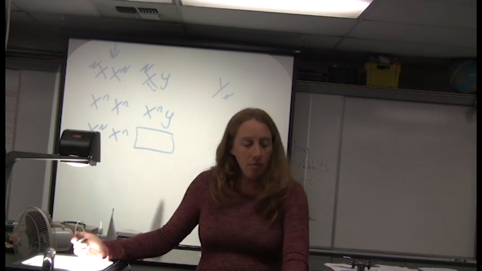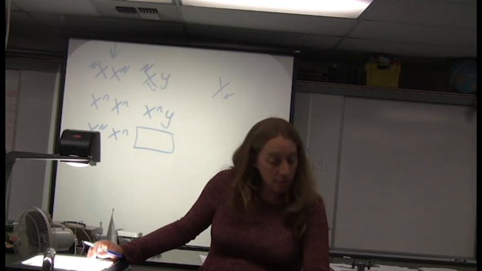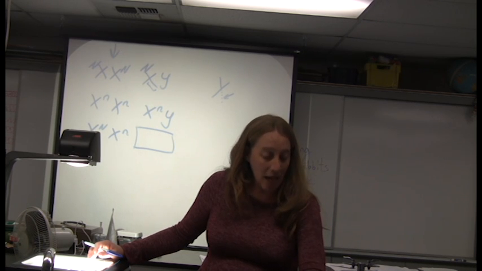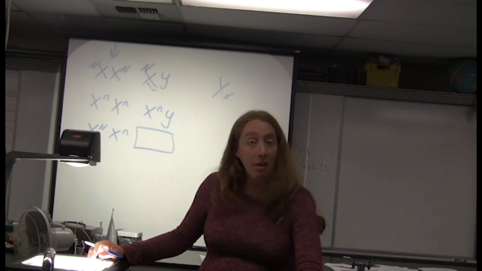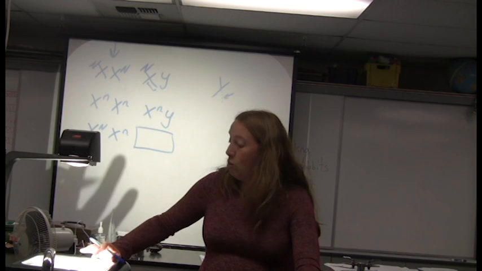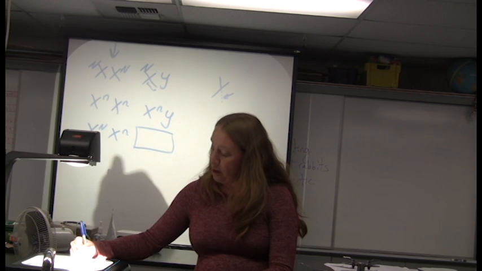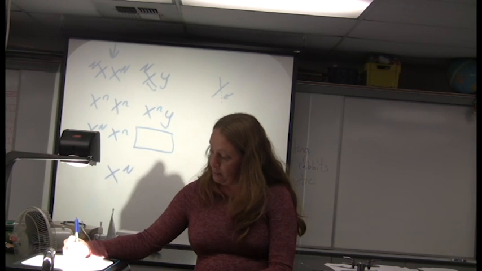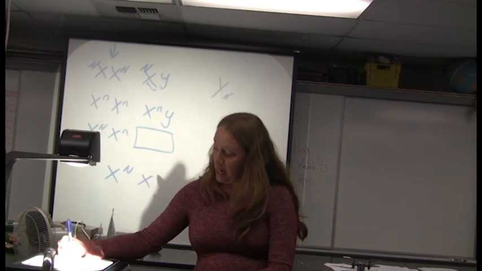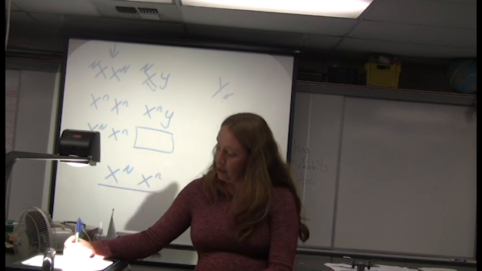So, it says a woman who is heterozygous for hemophilia. That means she's going to have one of each. Heterozygous means different. So let's start our Punnett square with the woman, X big N for normal, X little n for hemophilia.